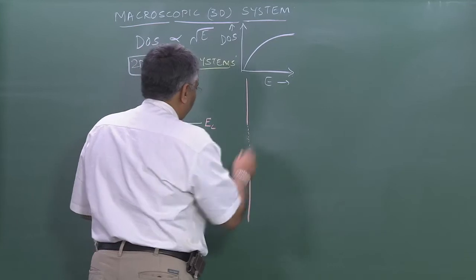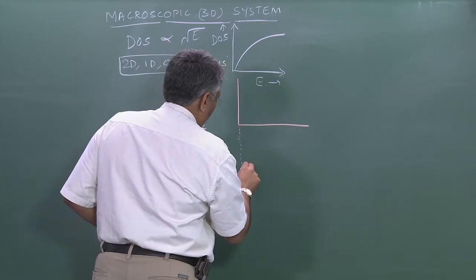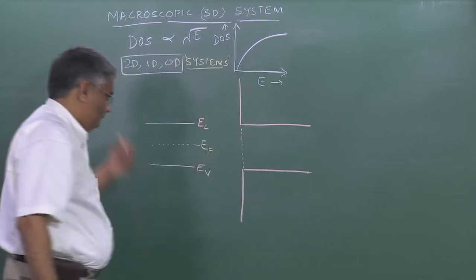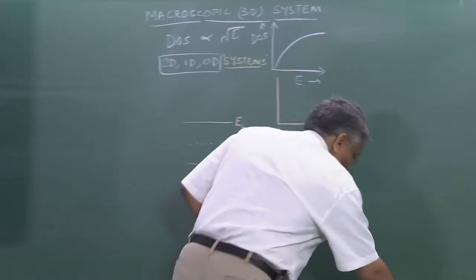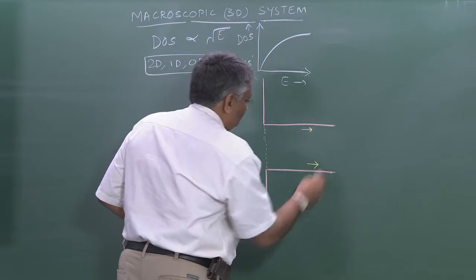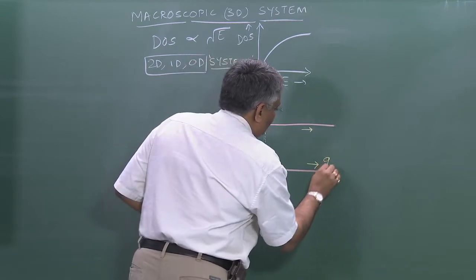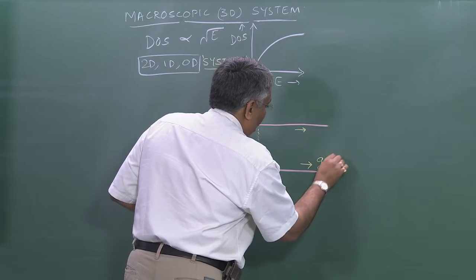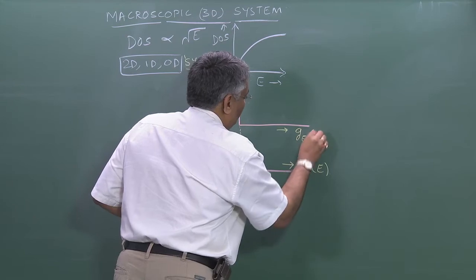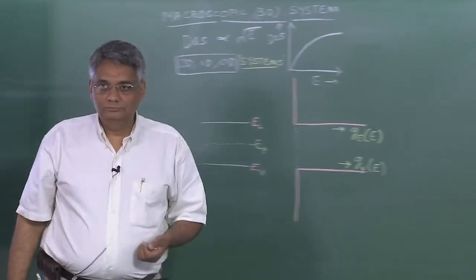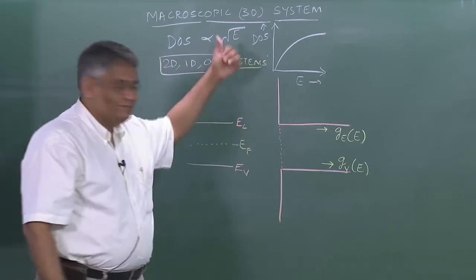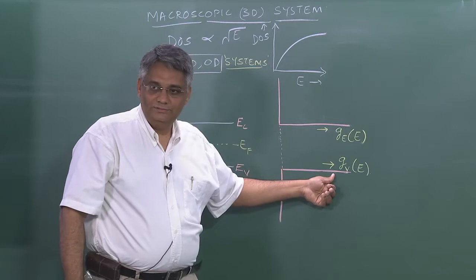Now, so we can something called GVE. So the energy scale is here, and the density of states.